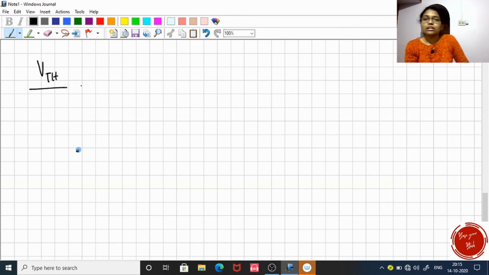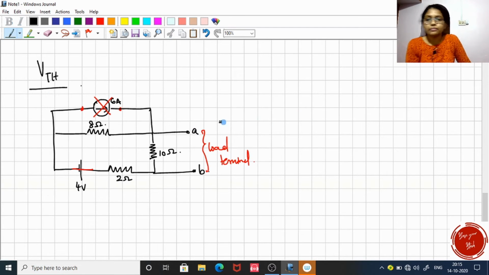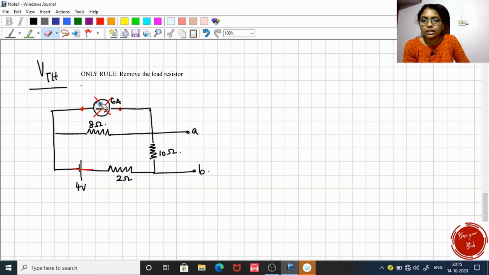Vth. For that, we require the same circuit. Just need to remove the load resistor, but here fortunately we do not have the load and we have to keep the current source as such. Okay, I just pasted the question and I must remove the load resistor, but here in this question there is no load resistor, so let's skip that portion.